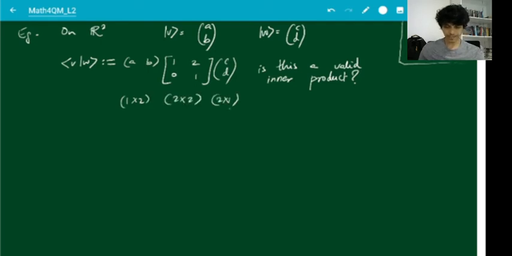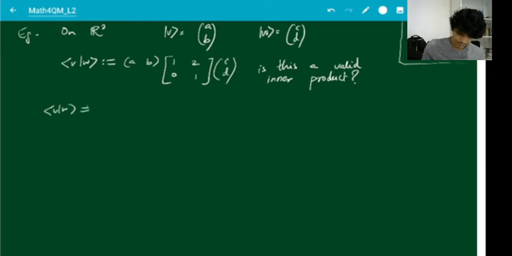When you do matrix multiplication, you'll end up with a 1 cross 1, which is just a number. So yes, this belongs to the field. If I flip the order, will it get complex conjugated? Well, that is irrelevant over here because these are just real numbers. But the question is, will the value remain the same? That you can check.